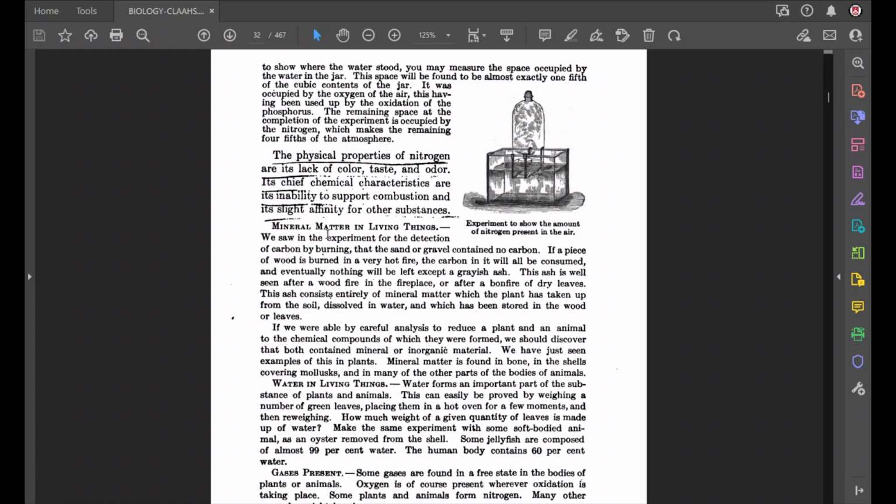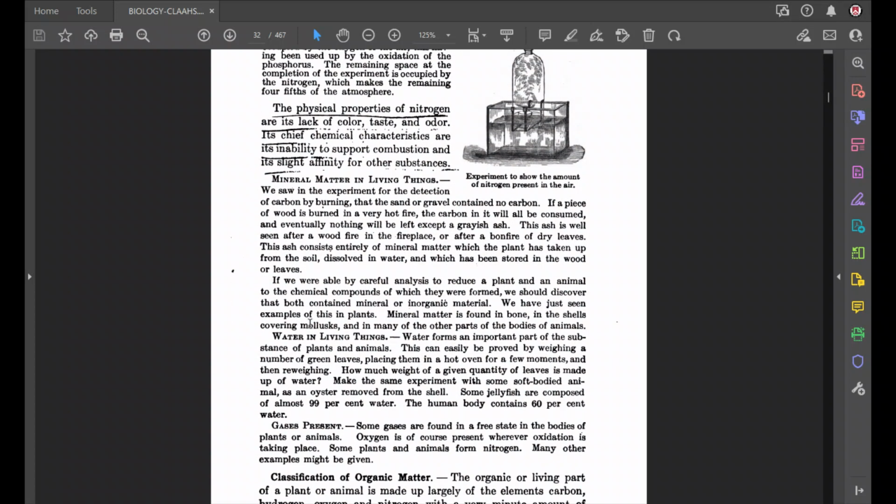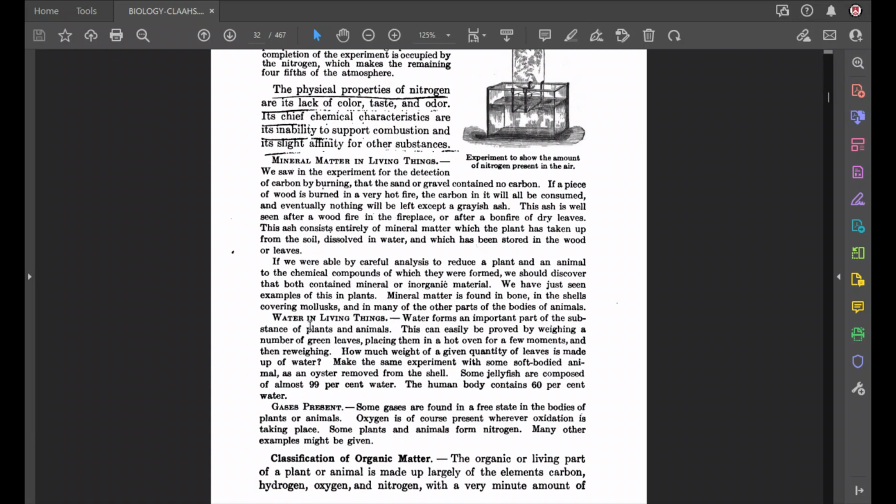Non-organic or inorganic material. The next section is titled Water in Living Things. Water forms an important part of the substance of plants and animals. This can easily be proved by weighing a number of green leaves.